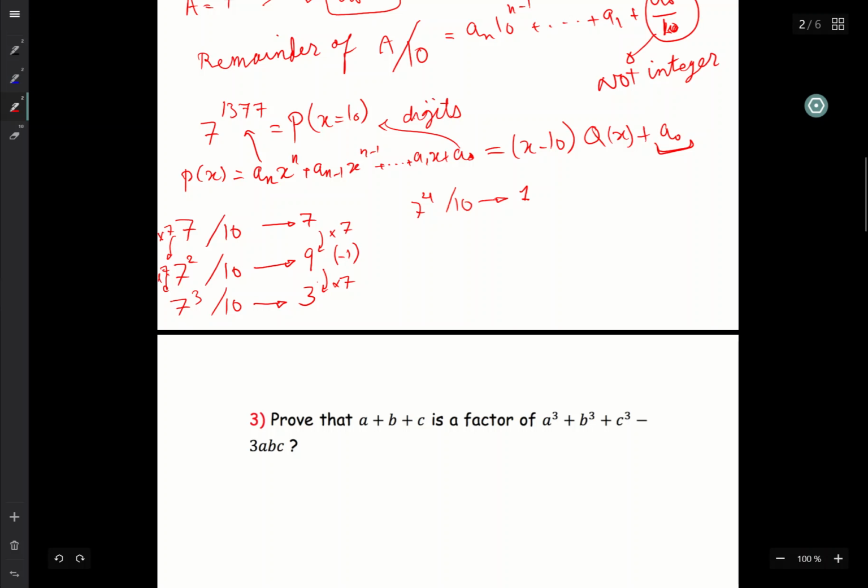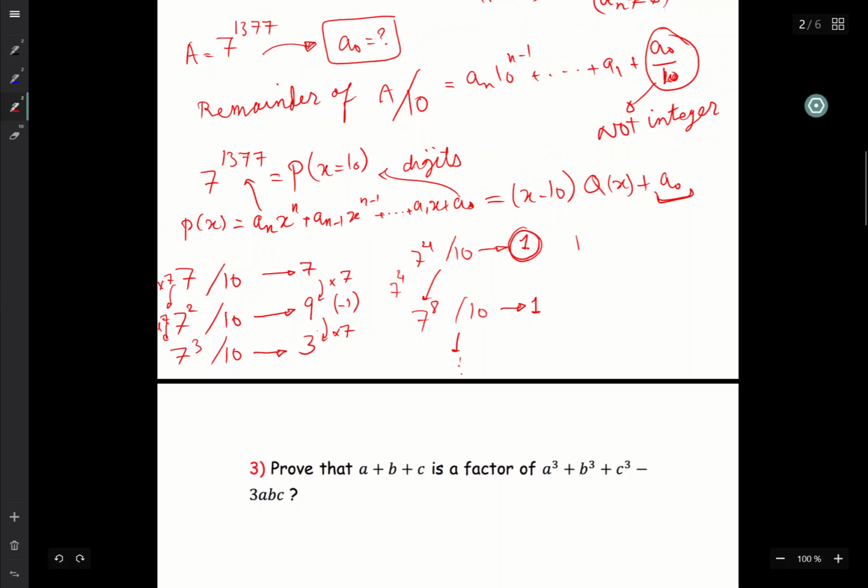Now the good thing here is that 7 to the 4 gives remainder 1, which is important, because then multiplying by 7 to the 4, 7 to the 8 divided by 10 also gives 1, and we go all the way to 1377 divided by 4. So 1377 divided by 4: 3, 12, 1, 17, 4, 16, 1.